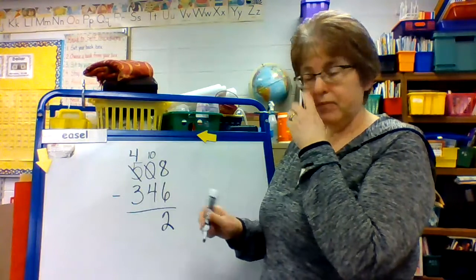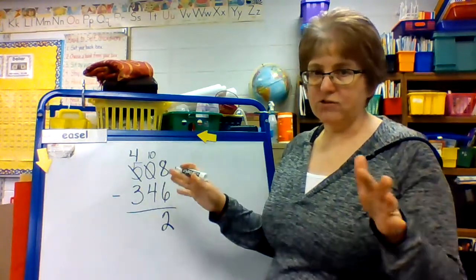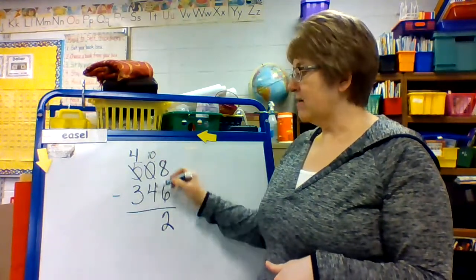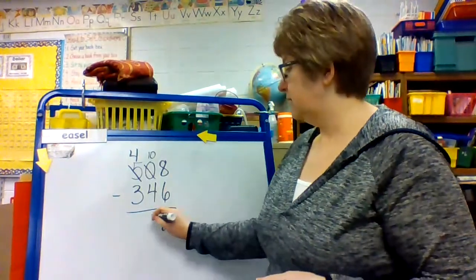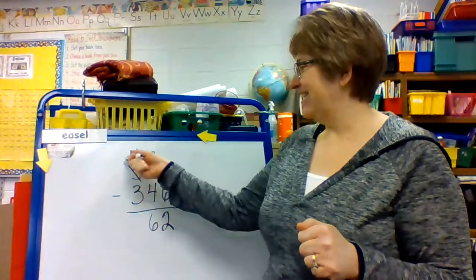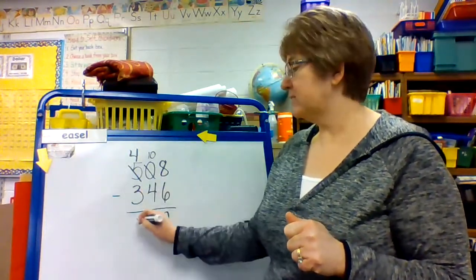I don't have to do anything with the ones; I've already subtracted them. Now I subtract my tens. 10 minus 4. If I have 10, take 4 away, that leaves me with 6. And 4 minus 3 gives me 1.